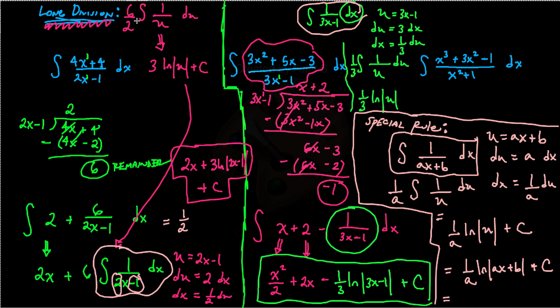But I forgot, there's a 6 in front, so be careful. There's this 6 in front that I factored out in the beginning, so just this part was 1 over 2 ln of 2x minus 1 plus c. And all I got was the 1/2 in the front. And then I multiplied it by 6 to get this 3.